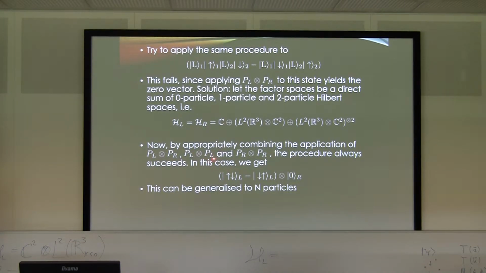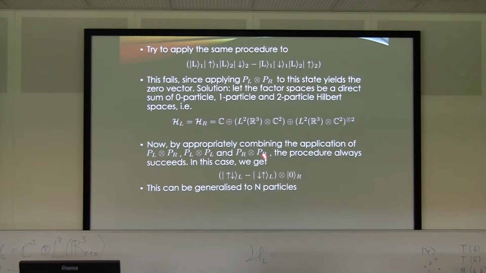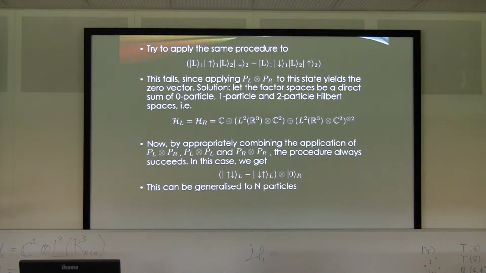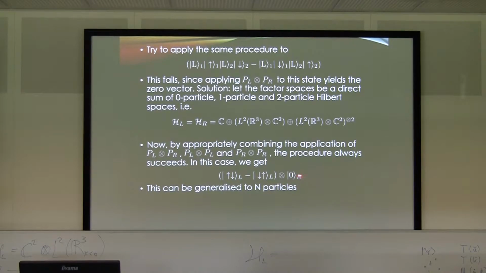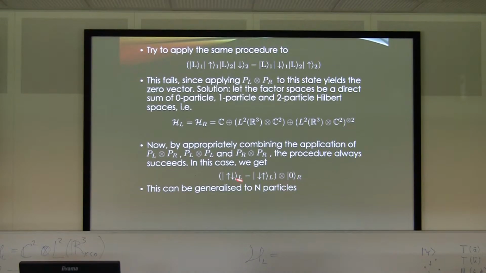In this case, if you apply BL tensor BL, you would not get a zero factor, you actually just get this thing in total. Then we send that vector to the left Hilbert space, and you end up with this state: on the left we have the singlet state, and on the right we have the vector state.